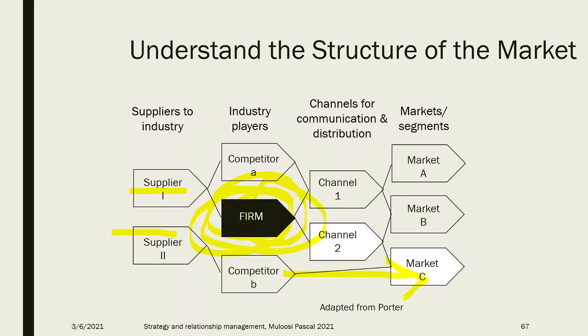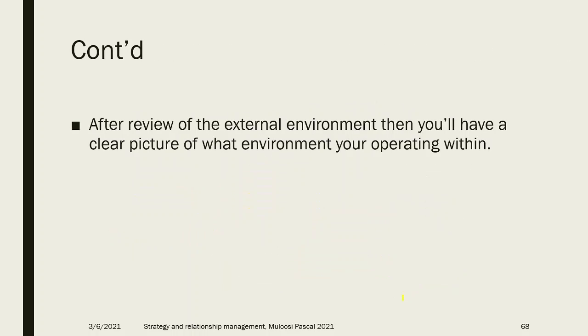This helps you understand your market to determine which strategies you're going to opt, especially when it comes to downstream, to get to the final consumer. So when you review the environment, it gives you a clear picture of what you're dealing with, and then you develop strategies to help you become more competitive.